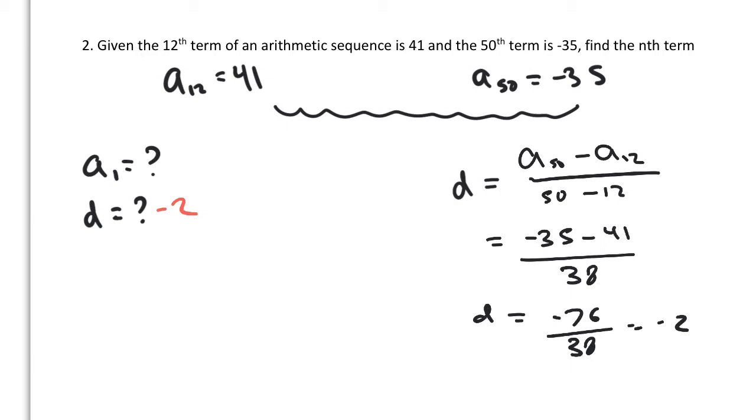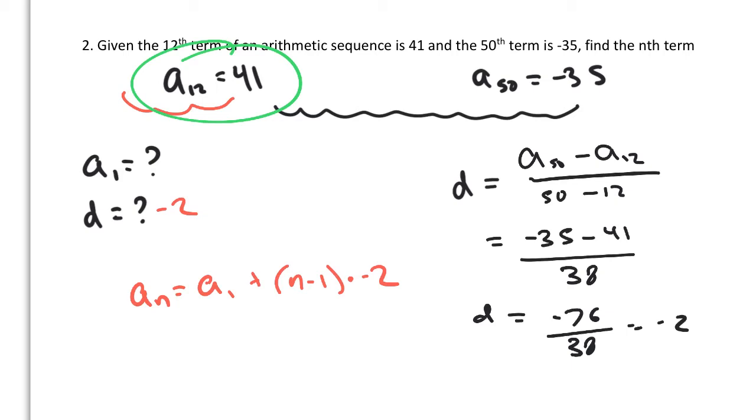Okay, well, I don't know my first term. I could, I guess, count backwards from there, but I could use essentially my formula, a sub n equals, I don't know the first term, plus n minus 1 times, I do know the common difference is negative 2, and I could plug in one of the terms that I know, let's say the 12 and 41.